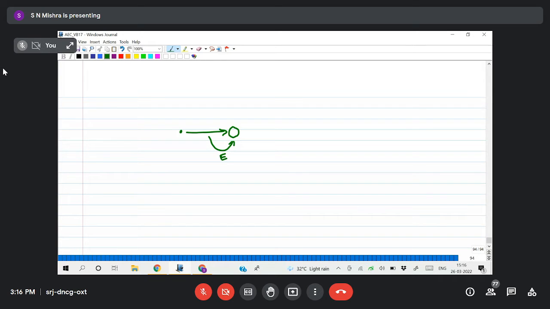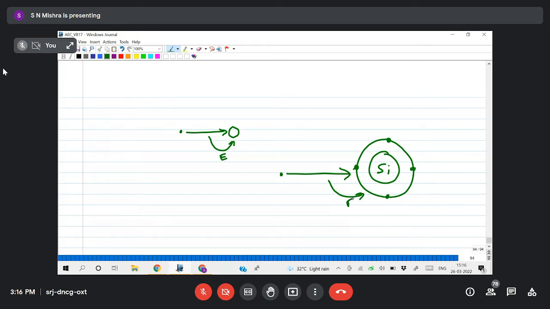What will happen? When an electron is moving with very high speed with particular energy and it is colliding with a neutral atom, let us say this is a silicon atom, and in the valence shell 4 electrons are present. Now this electron is colliding here, so it is transferring some energy to the atom.